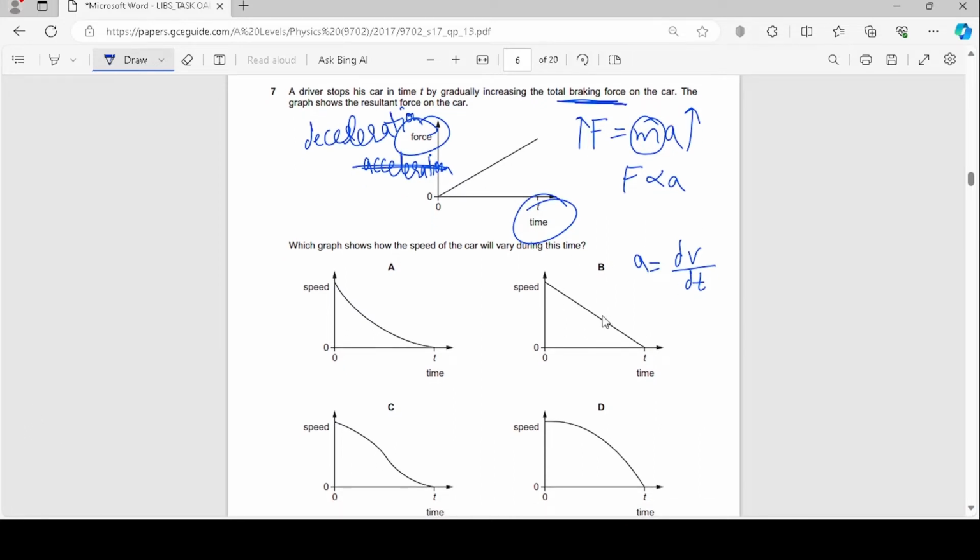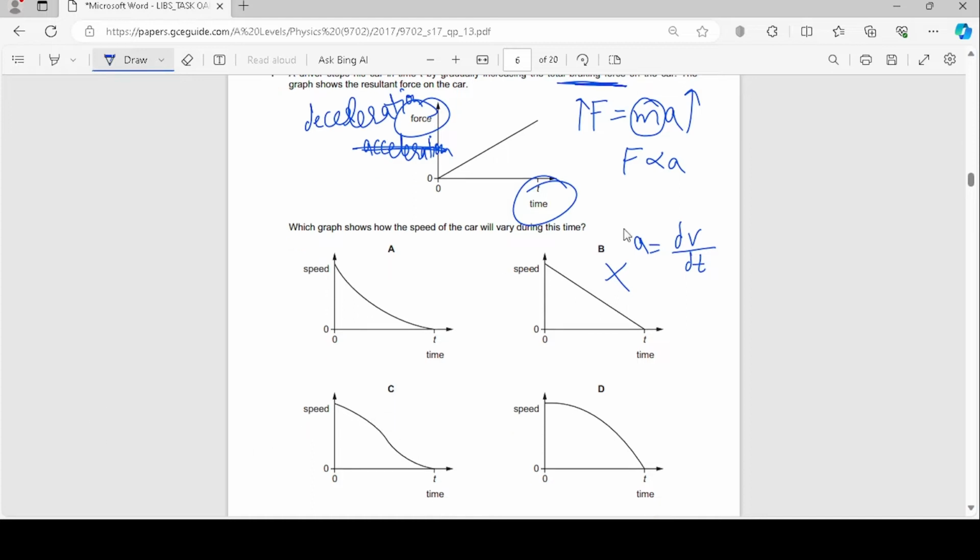Over here you have the speed time graph. You can see that the gradient is constant in B, which is not true, because over here the braking force is increasing with time, which means the deceleration is increasing with time. So you're not supposed to have a constant gradient graph. Your deceleration is the gradient, and it should not be like this, right? Acceleration technically, because it's speed, so you can consider it as acceleration.